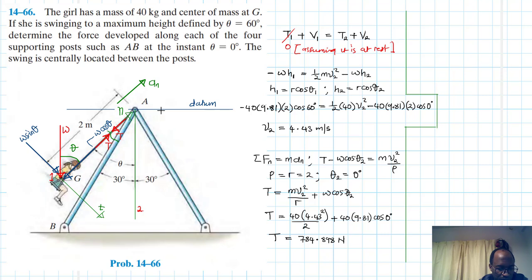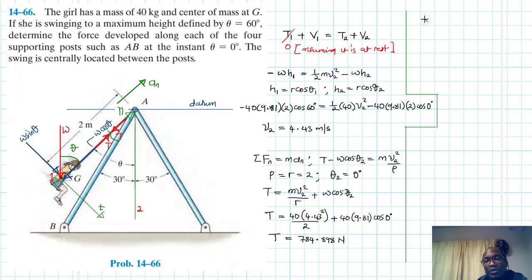Let me calculate this again. 40 times 4.43 squared divided by 2, which is our radius of curvature, plus 40 times 9.81 cos 0. Alright, 784.898. So we need to divide this later on.